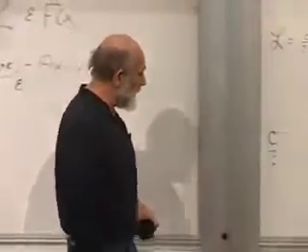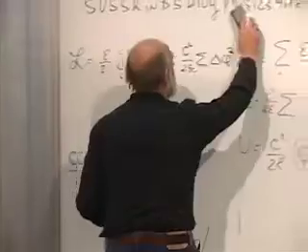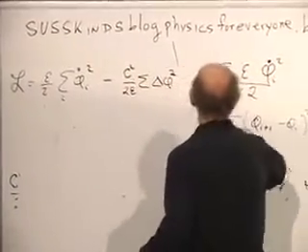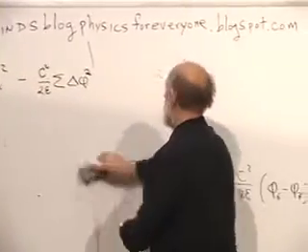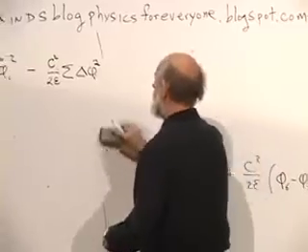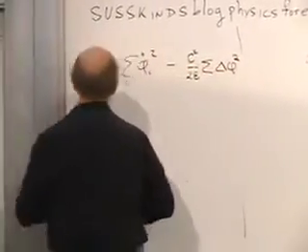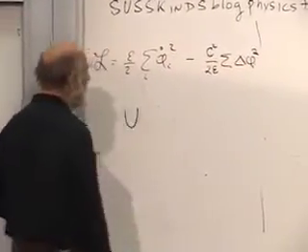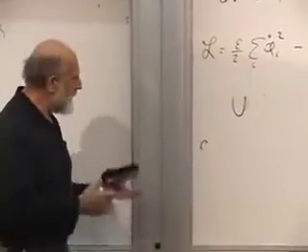Now for the potential term in the Lagrangian. The potential term in the Lagrangian, that's u, or we want minus u, but let me write down u.